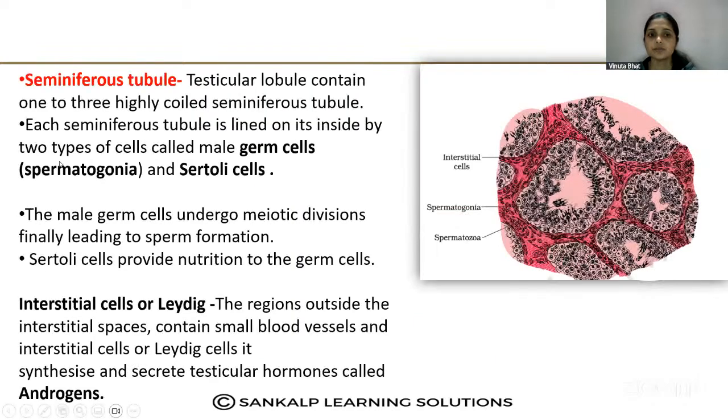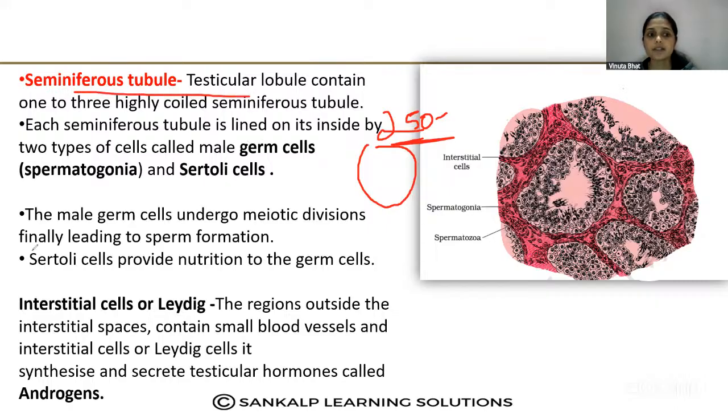Each testicular lobule contains 2 to 3 seminiferous tubules.